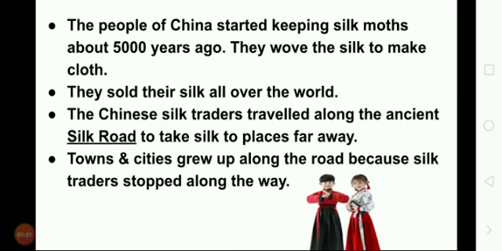The people of China started making silk, keeping silk moths, about 5,000 years ago. They wove the silk to make cloth. This is a 5,000-year-old technique, and the people of China started keeping silkworms or silk moths so that they could make silk and sell it to the whole world.